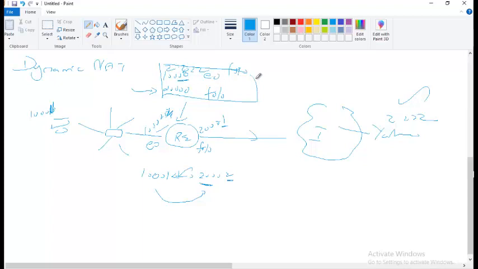Now, let us talk about dynamic NAT. Static NAT is one-to-one. Static NAT as a result provides bidirectional translation, but static NAT is not cost effective.